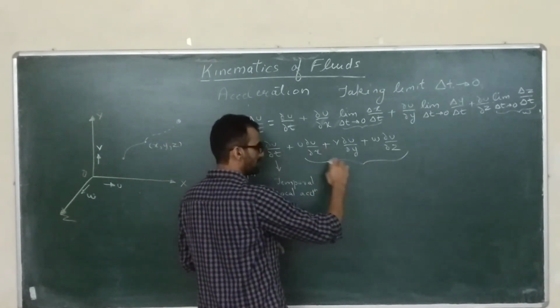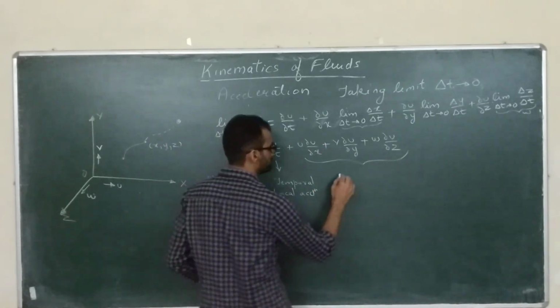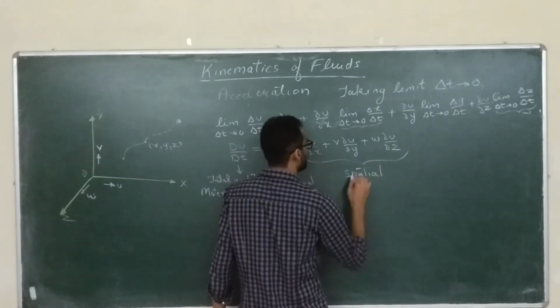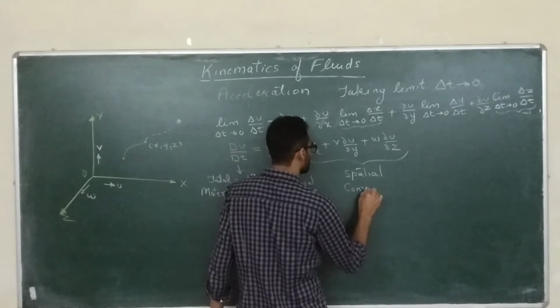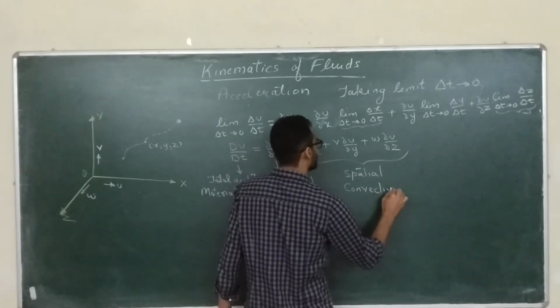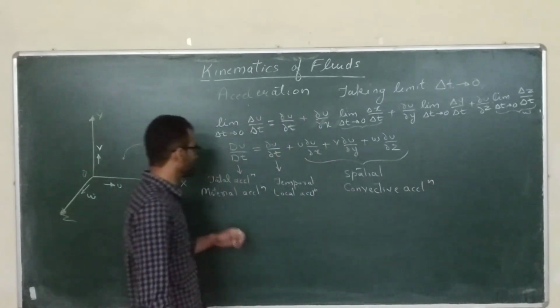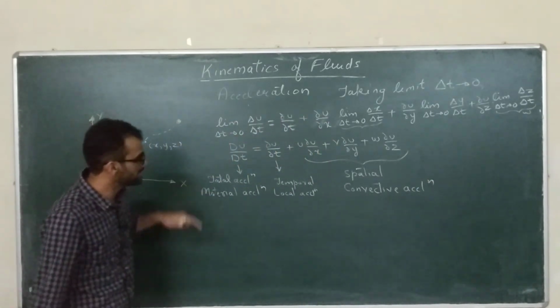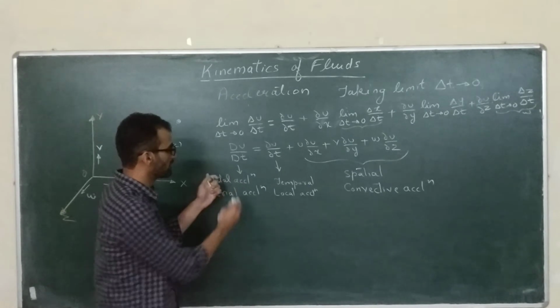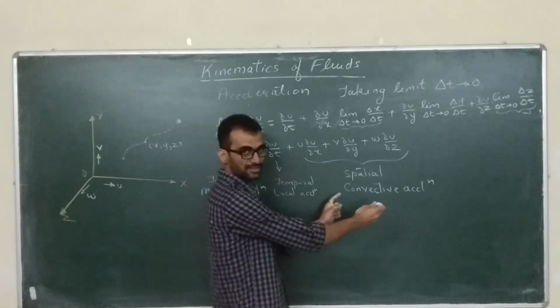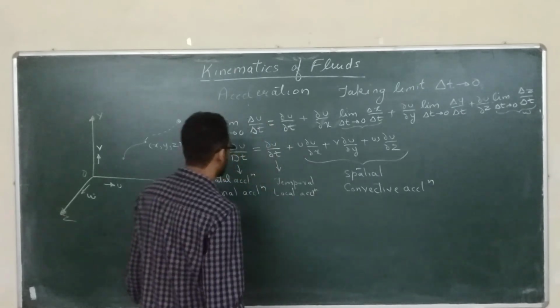This term represents the spatial acceleration, also called convective acceleration. So total acceleration in a fluid flow is a result of two quantities: one is the temporal acceleration, the other is the convective acceleration.